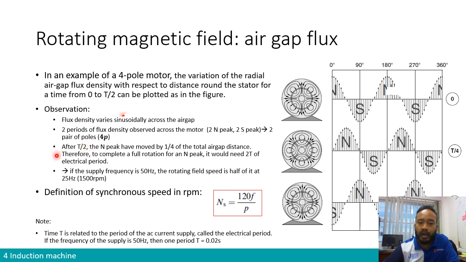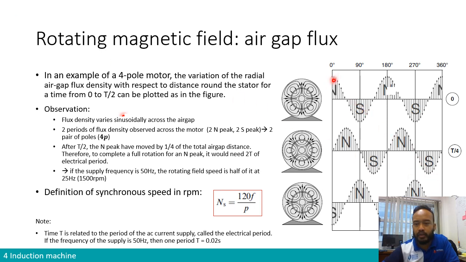Two north and two south represent four poles. So after half of the electrical period, which is pi in terms of electrical time, if we look at the peak of the north over here, it has moved to here, which is 90 degrees.